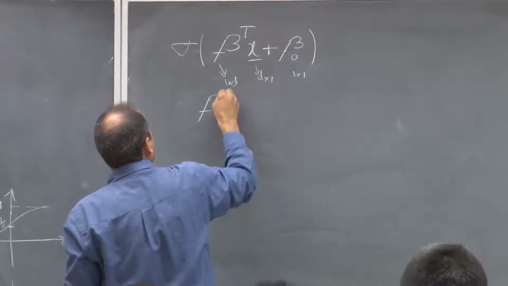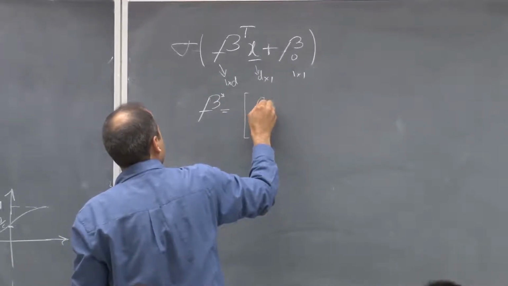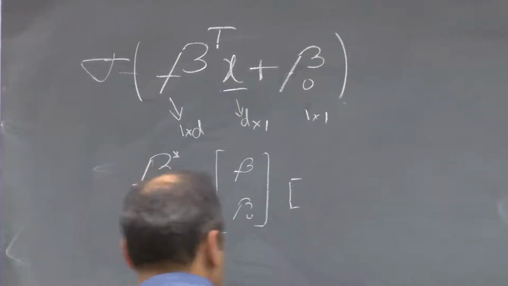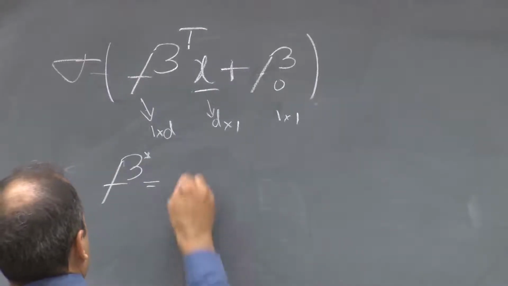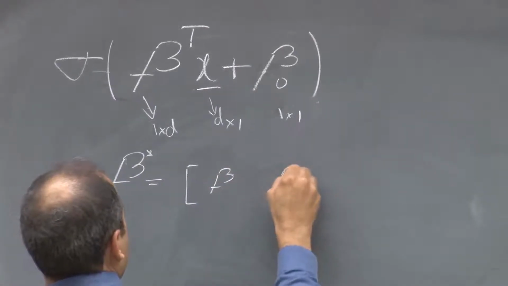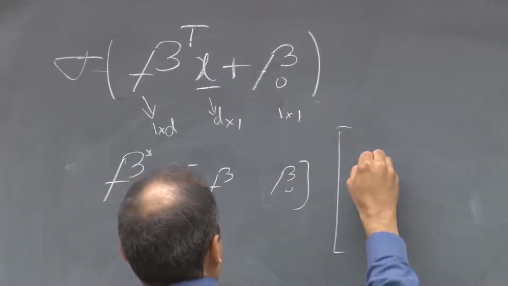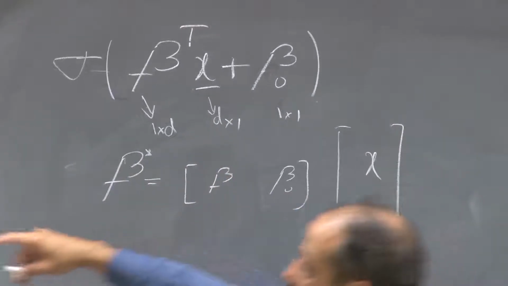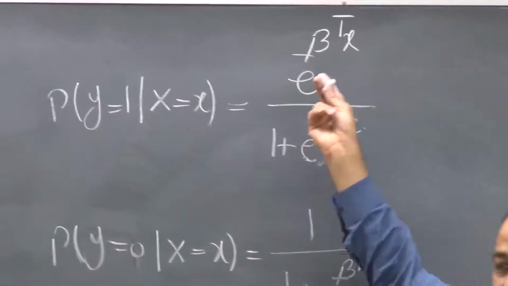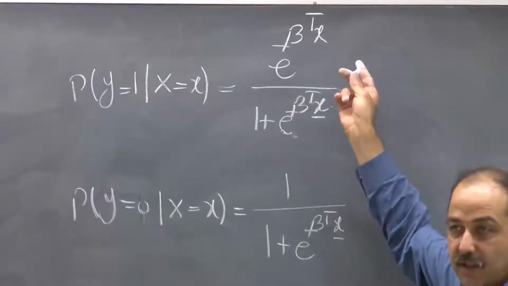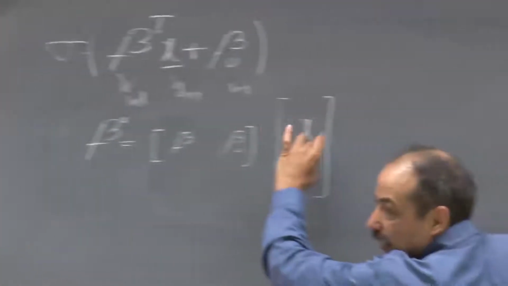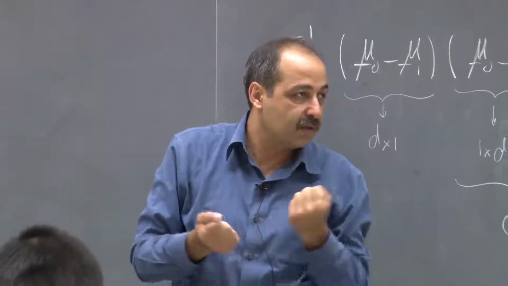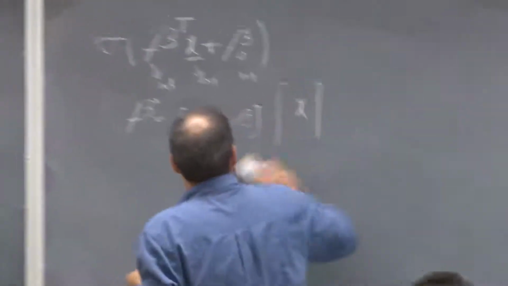I can define a new beta, which is basically beta and beta null, and my x would be x and 1. So basically here, this beta is d plus 1, and this x is d plus 1 times 1. Or we augmented our input by adding a 1 at the end to take care of this beta null. Okay.